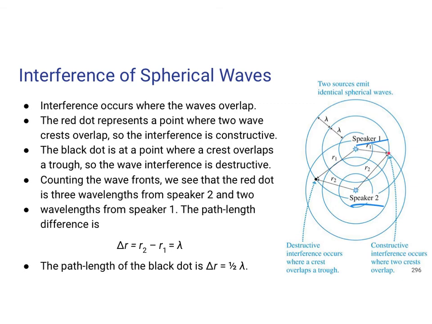These two speakers are putting out identical waves. Now just like before, this is an area of a crest from speaker 1 and a trough from speaker 2. And what is that? That is destructive interference. Here's this red dot. I have speaker 1 and speaker 2 both having crests, and that'll be some constructive interference, and then that'll make it sound louder.